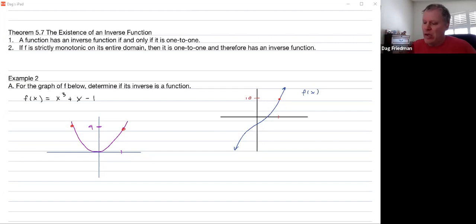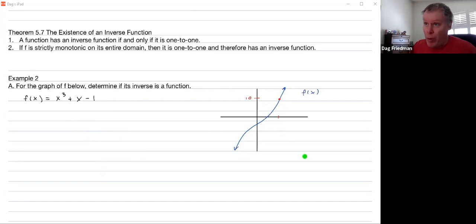Okay? So when we talk about a function being one-to-one, that's all we mean. For every input, there's one output. For every output, there's one input. Now, let's talk about a function being monotonic. Monotonic is basically a description. What we're really saying is over its domain, the function is either always increasing, as in this case, as we can see visually, or it's always decreasing.